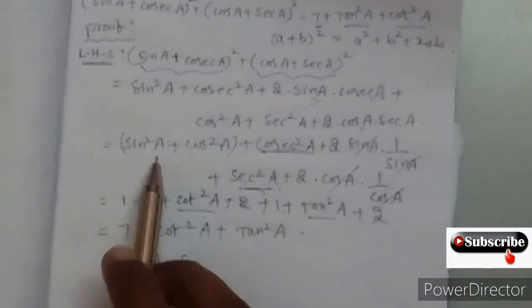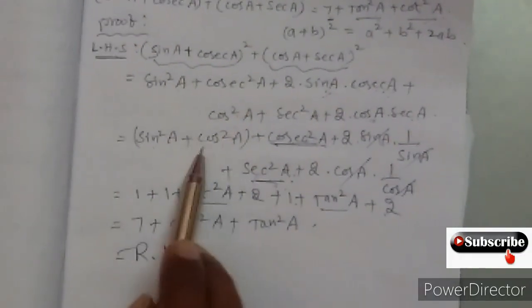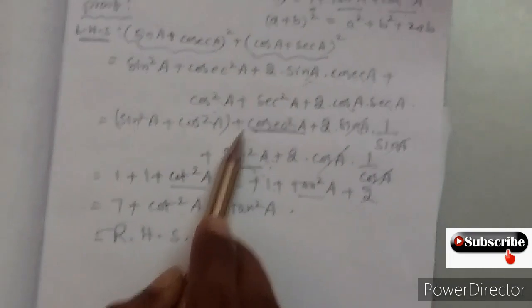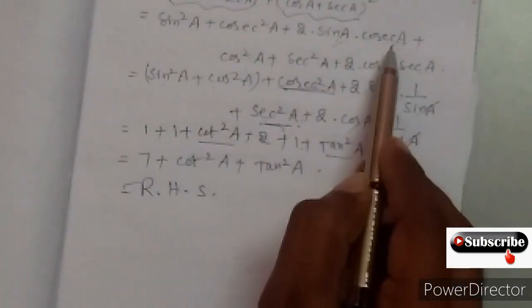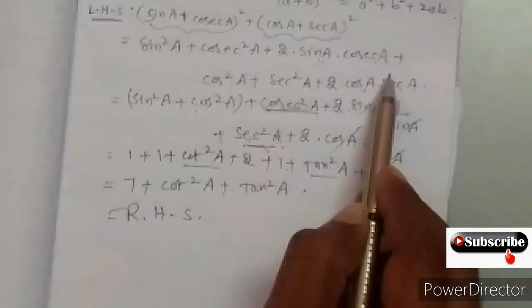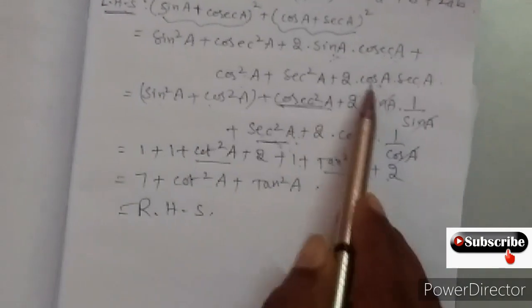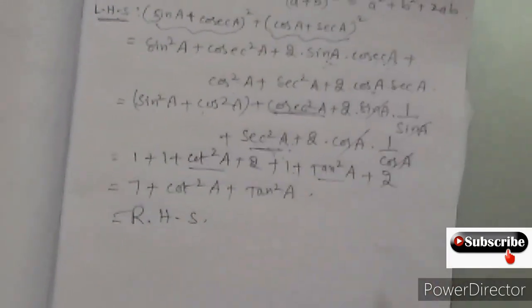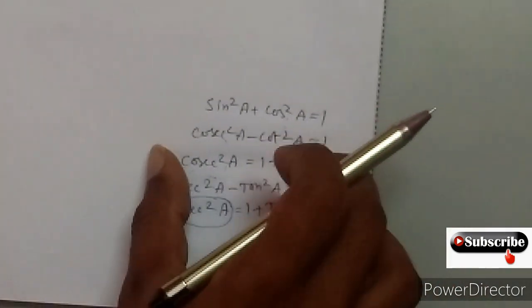So we have to get the constant value. That's why I am writing sin square and cos square A together, plus, and we don't want sin A and cosecant A and cos A and secant A. That's why we have to cancel these two values by applying the reciprocals concept. Then like that, and also by using these three identities.